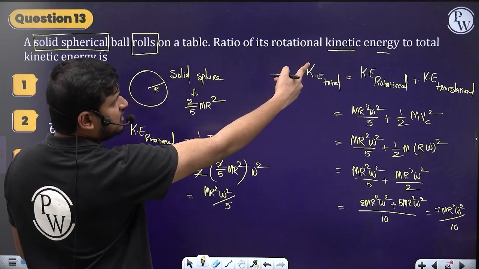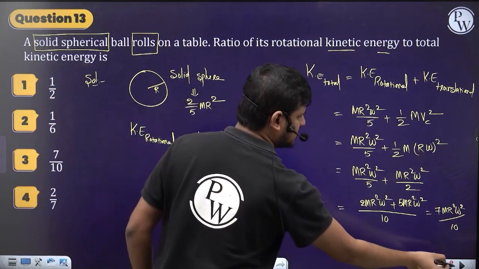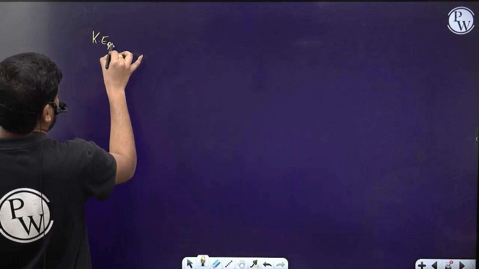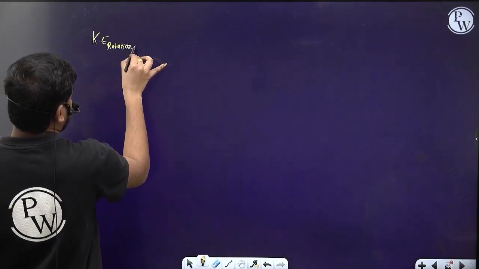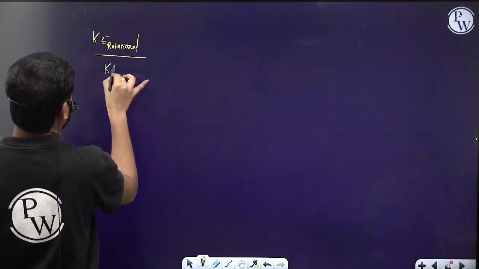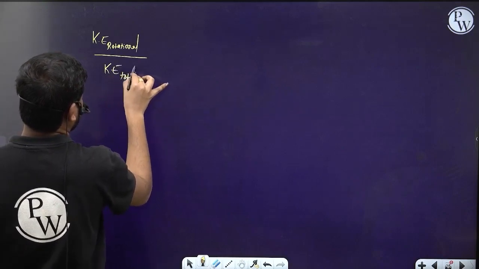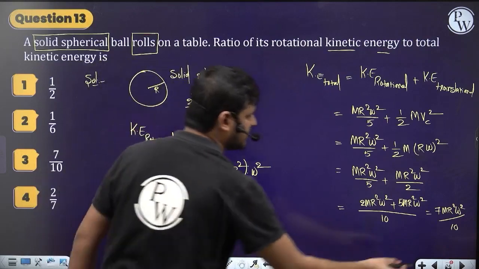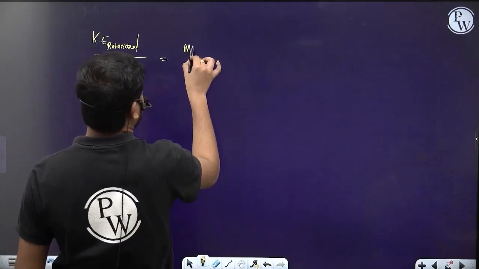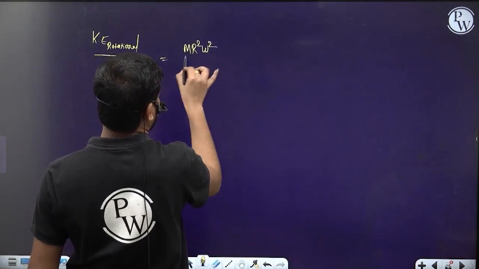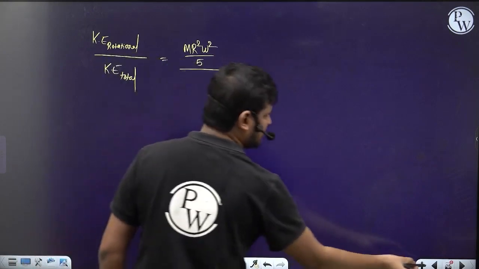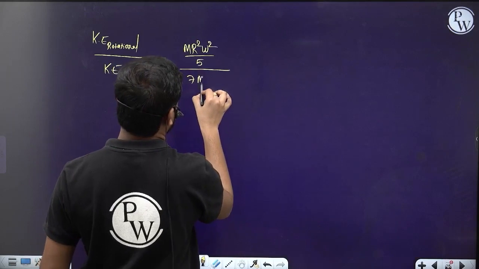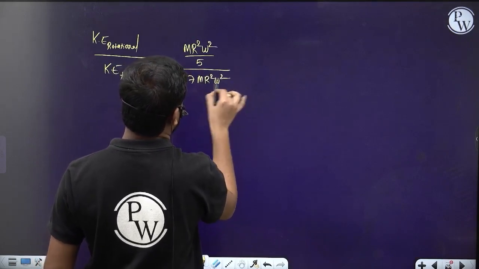We need rotational to total, right? So let's write the kinetic energy rotational to the kinetic energy total. The rotational kinetic energy we have got is mr square omega square by 5, divided by the total, 7 mr square omega square by 10.